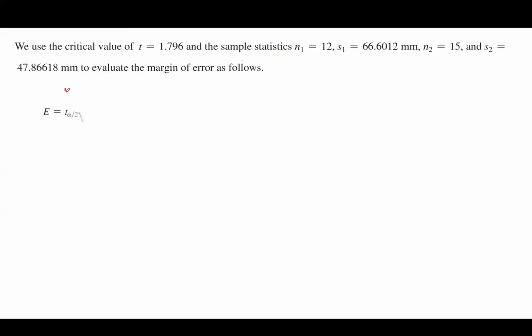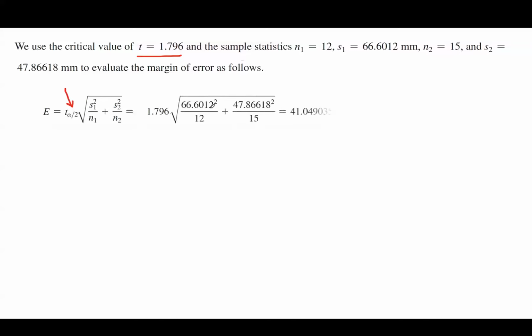Margin of error is the critical value 1.796 times the square root of the first sample variance over N1 plus the second sample variance over N2, which we calculated as 1.796 times the square root of 66.612 squared divided by 12 plus 47.866 squared divided by 15. As you can see, the margin of error is about 41.